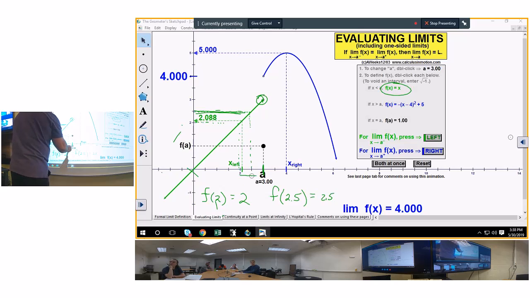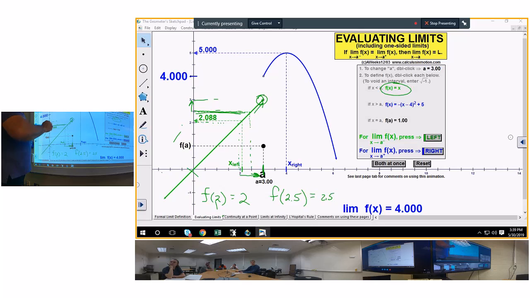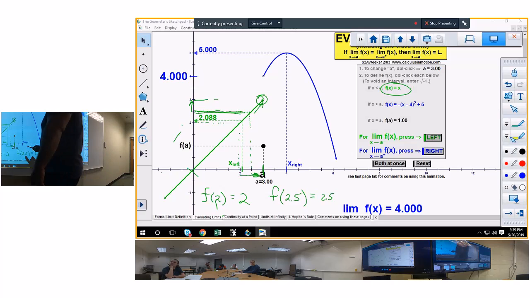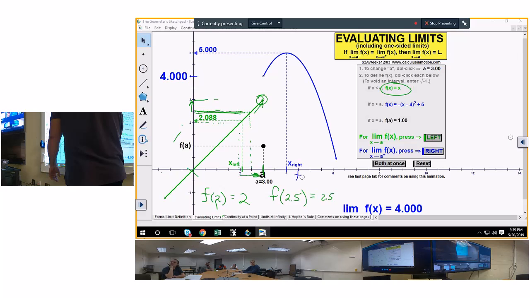As I'm approaching from the left, what is it approaching? 3. But if I say what f of x is approaching from the right, it's approaching 4.